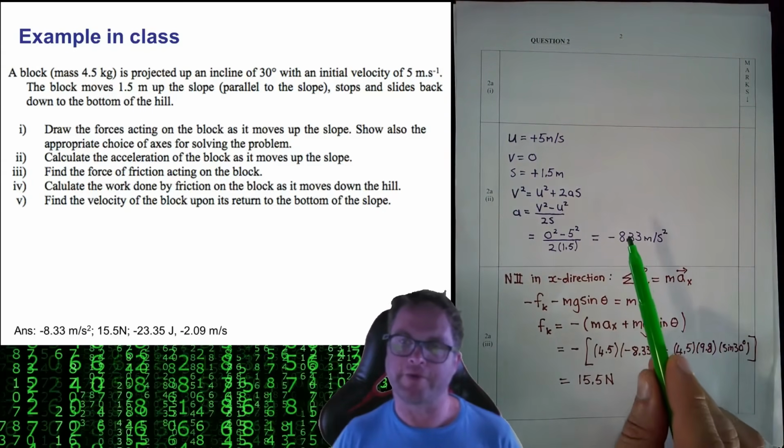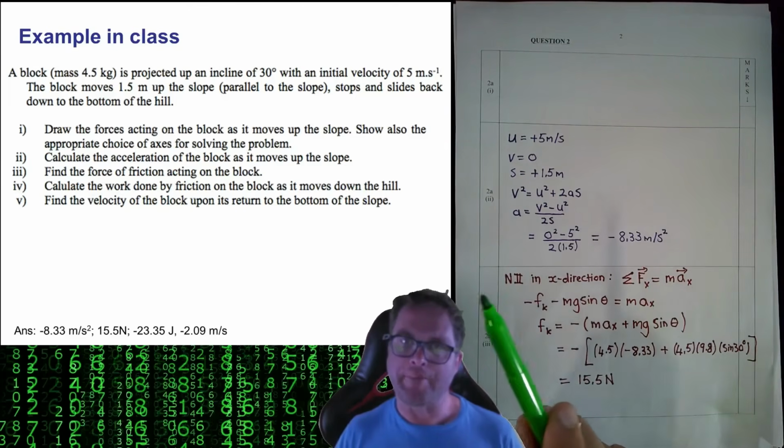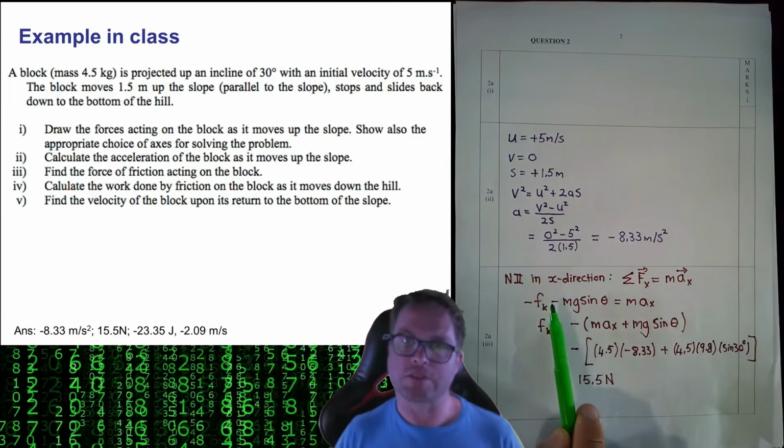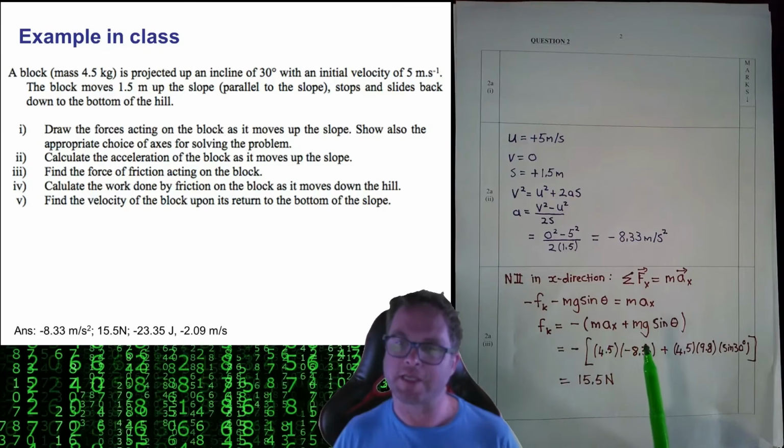Remember, we've already found the acceleration in the x direction here. Applying the forces, we're going to have the force of friction, which is acting down the slope. This then is the x component of gravity, which is acting down the slope, is equal to mass times acceleration. We can then rearrange the terms, and we find that the force of friction is given by this expression here.